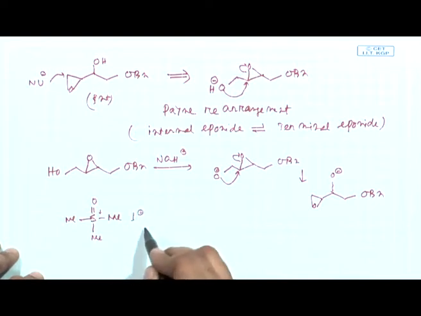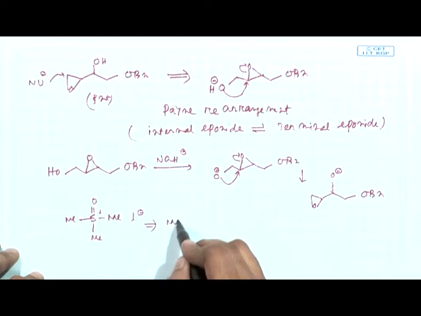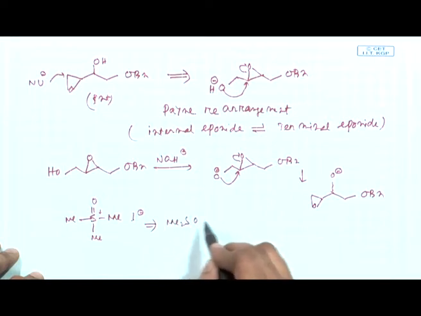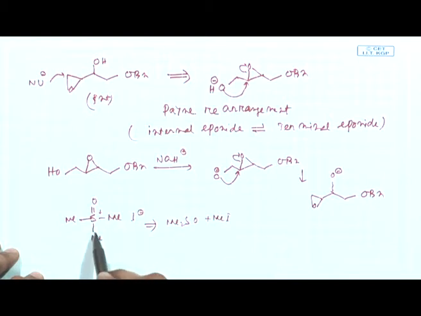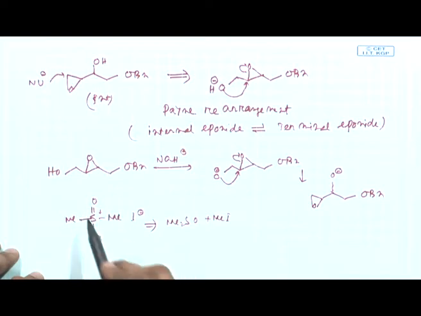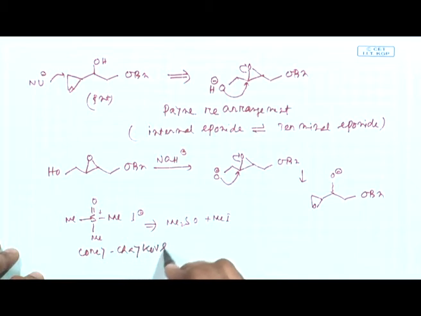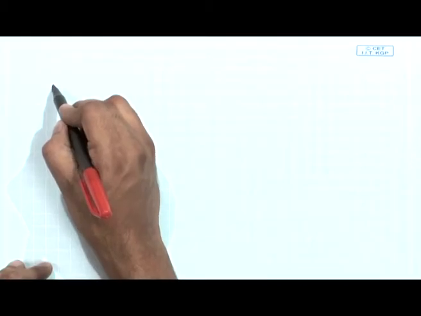It is generated from dimethyl sulfoxide when you reflux it with methyl iodide. A similar compound, trimethylsulfonium iodide, we used in the Corey-Chaykovsky reaction. Now, I say this particular compound we will be using as the external nucleophile.